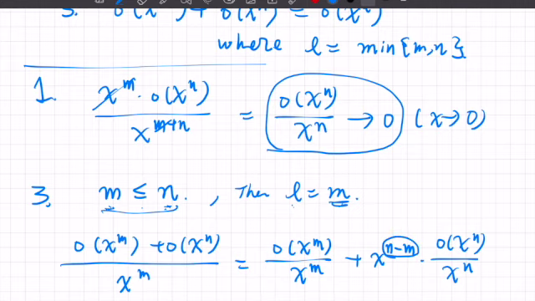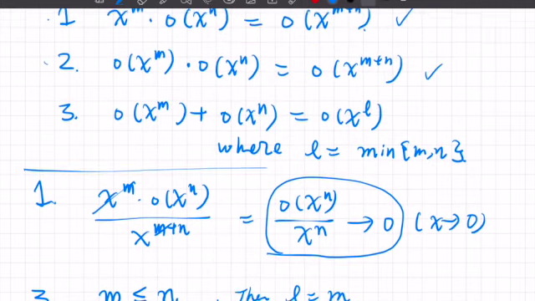Anyway, as x approaches 0, this will converge to 0, and by the definition of little o, this converges to 0, and this converges to 0. So everything converges to 0. Therefore, we have this result.